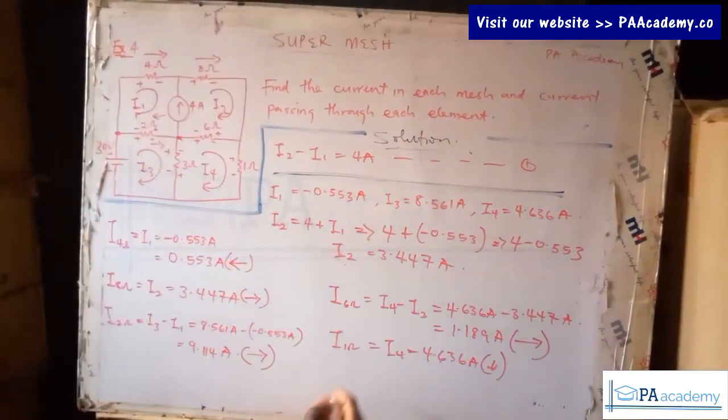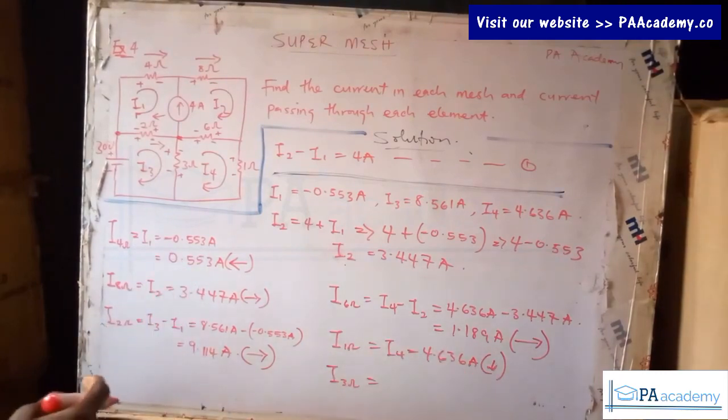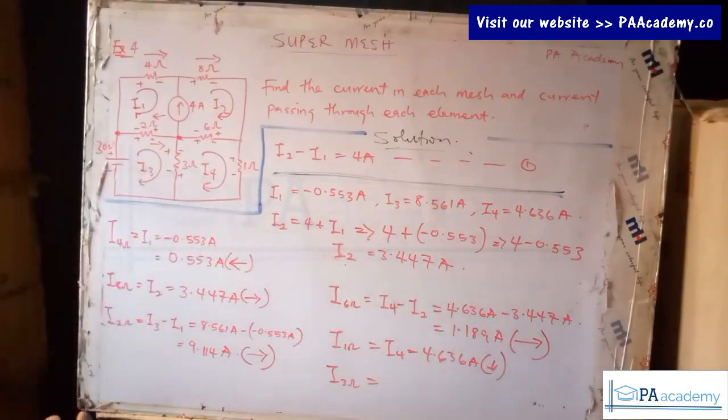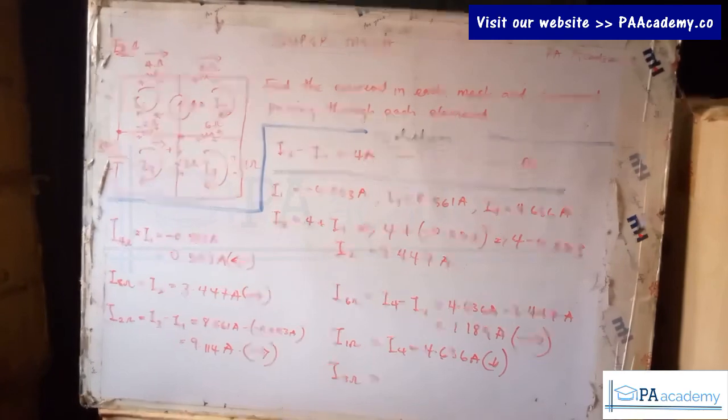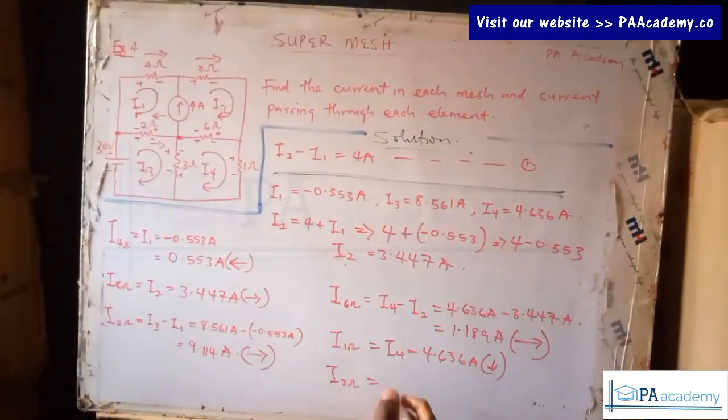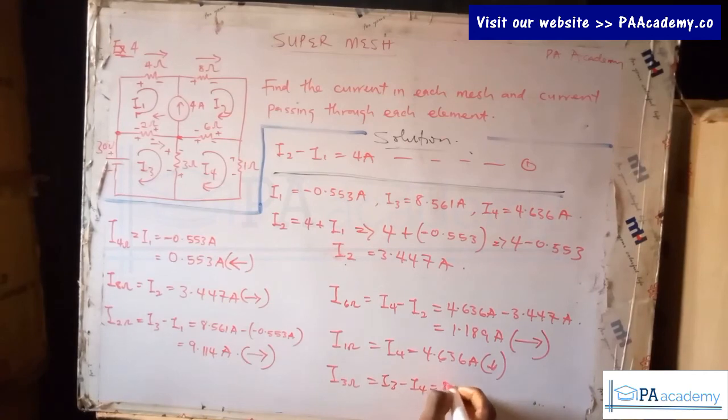So now let's look at the 3 ohm resistor, which is the last one. If you want, you can pause the video and attempt this based on what I've explained here. There are 2 currents flowing through it, which are I4 and I3. We can see that I3 is higher than I4. So the current flowing through this 3 ohm resistor will be I3 minus I4, which will be 8.561 minus 4.636 amperes.